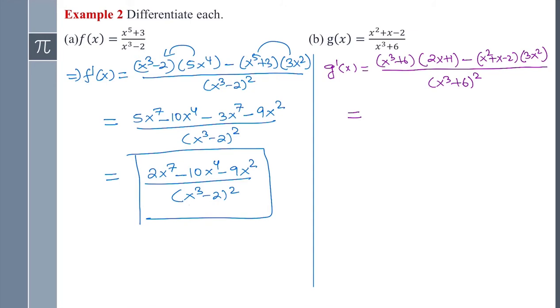Now, let's go ahead and multiply. So when we multiply these two, we get 2x to the fourth plus x cubed plus 12x plus 6.